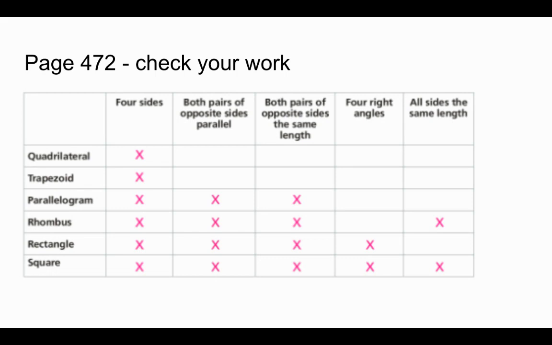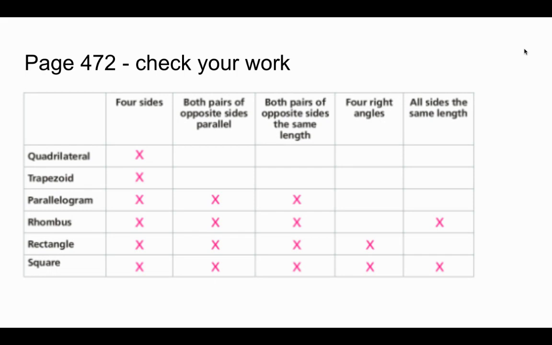Rhombuses have both pairs of opposite sides parallel, both pairs of opposite sides the same length, and all sides the same length, but not necessarily 4 right angles. Rectangles have 4 right angles, but not all sides the same length. And look at a square, third graders. It has all of those descriptions. Good job. It's a hard job to do.